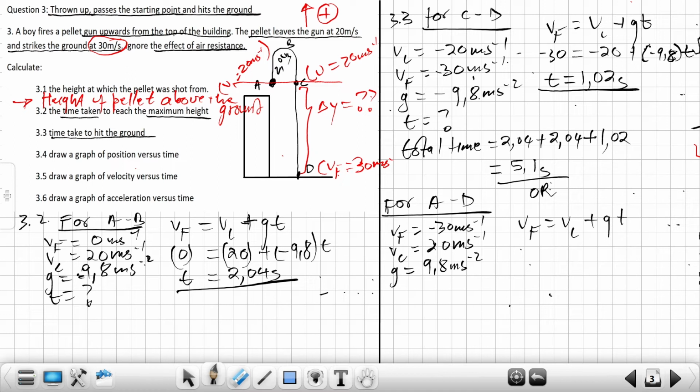Then I will have my minus 30, which is equal to 20, plus minus 9.8 t. Then when I do my mathematics, I will solve for it, and then I will eventually get something like 5.1 seconds. So it entirely depends on you.